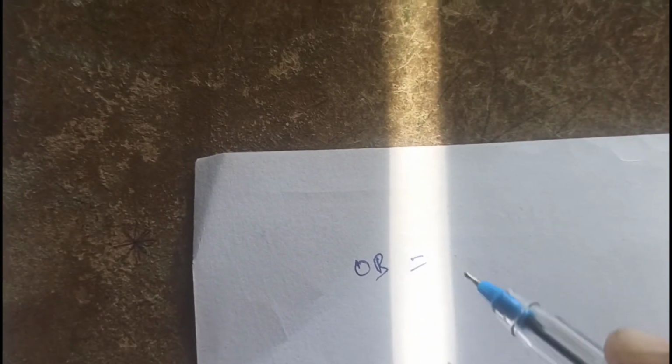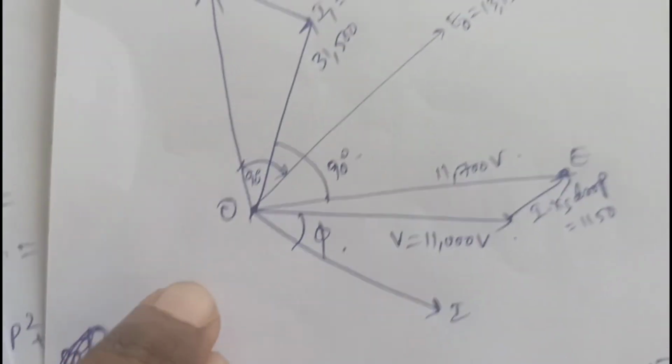From the vector diagram, you have one formula: OB equals the square root of OA square plus AB square plus 2 into OA into AB cos phi.